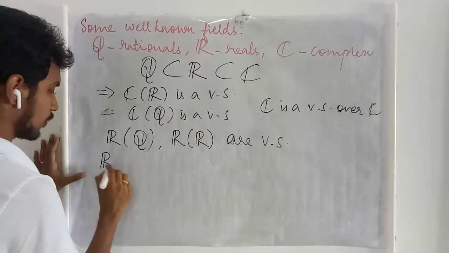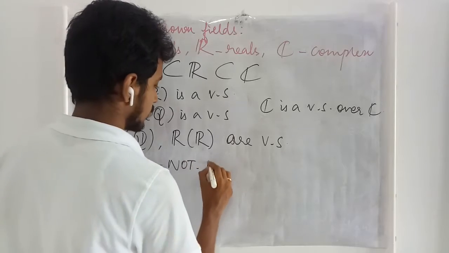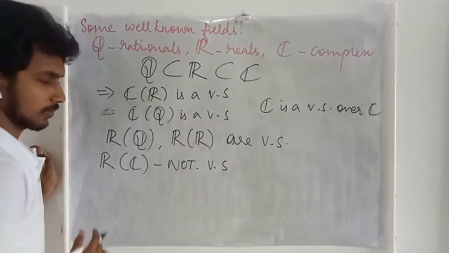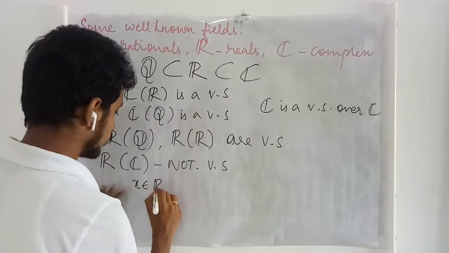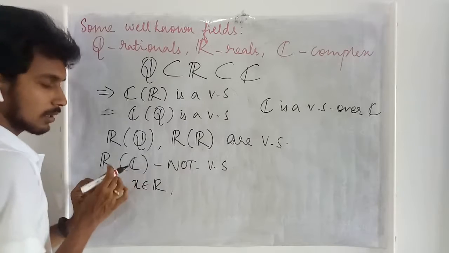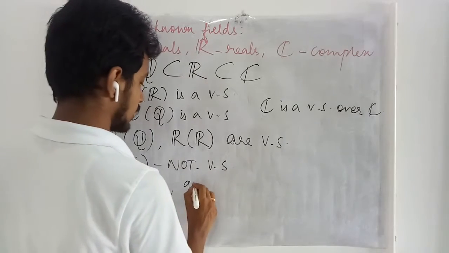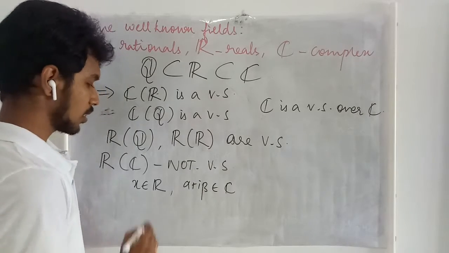Now, let us prove R is not a vector space over C, because let me take any real value x, and a complex scalar alpha plus i beta.